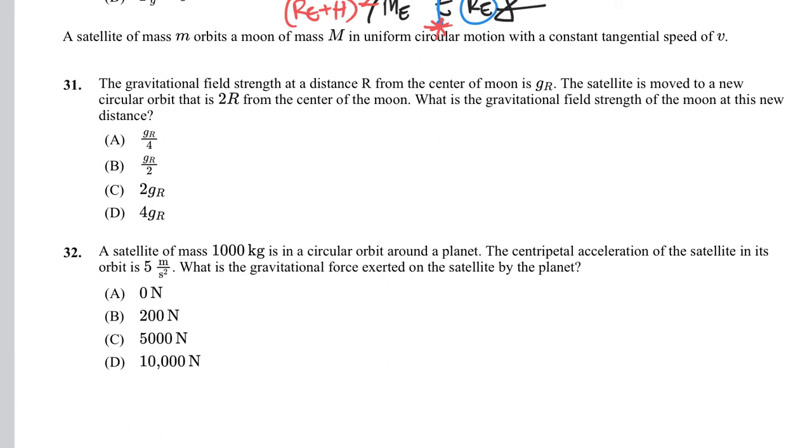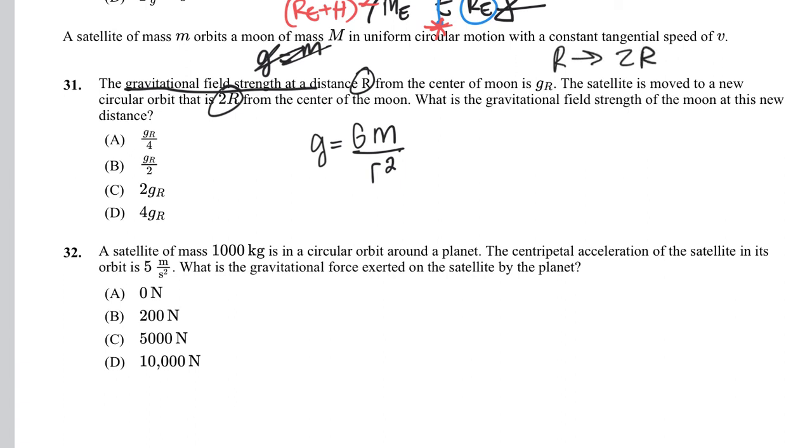So let's break this down. We know that gravitational field strength can be determined by, let me write it down here, g is going to be equal to big G times mass over r squared. So we know that the original distance was going to be r, and then it changes to 2r.